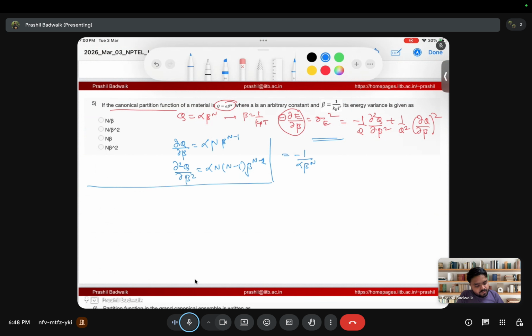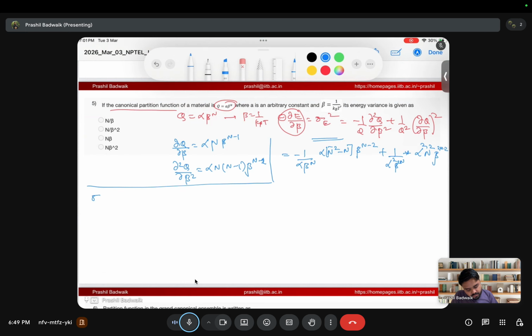Alpha beta raised to the power n, alpha n square, minus n beta n minus 2, plus 1 upon q square, alpha square beta raised to the power n, and its square is equal to 2n into alpha square n square beta raised to the power 2n minus 2.